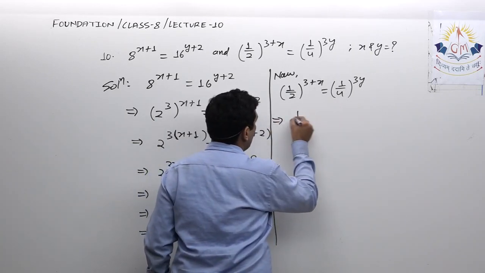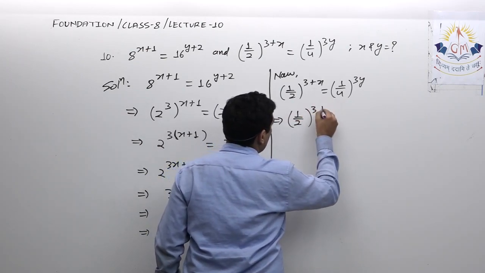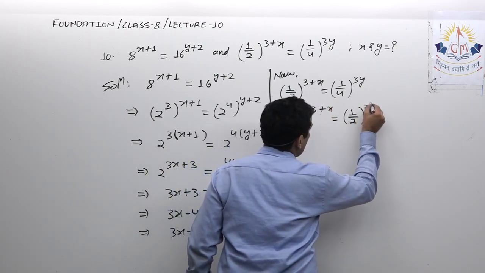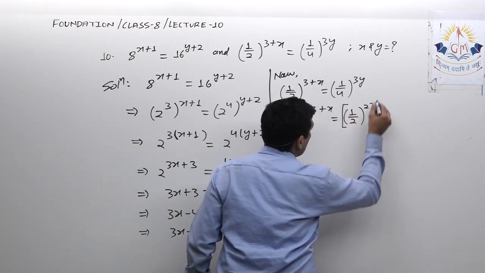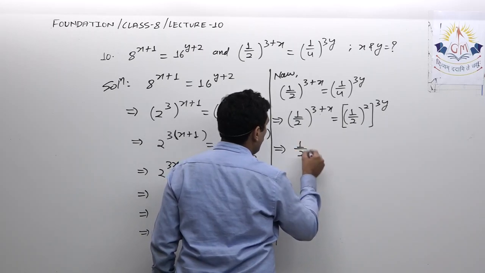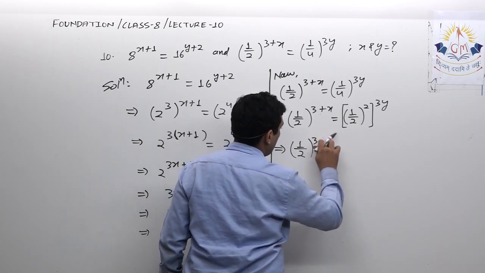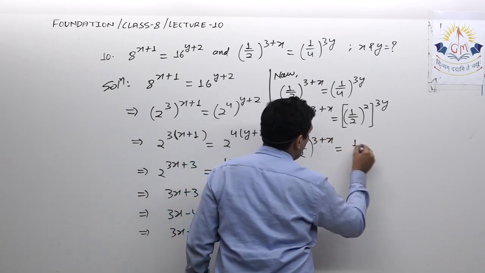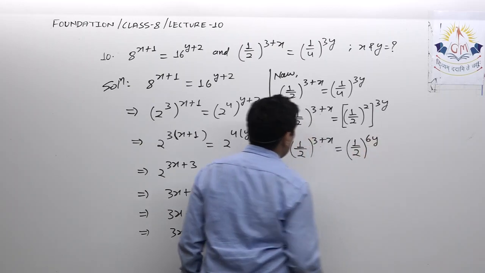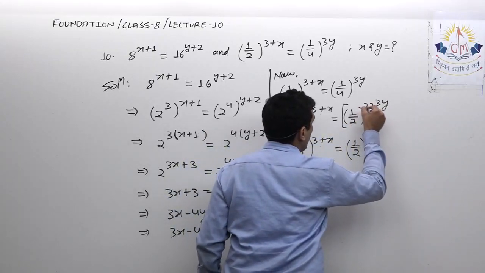So this will become 1 by 2 raised to 3 plus x is equal to 1 upon 2 square raised to 3y. That is 1 by 2 raised to 3 plus x is equal to 1 by 2 raised to 6y. Isn't it? 2 into 3y is 6y, because I applied the power law, so the powers multiply.